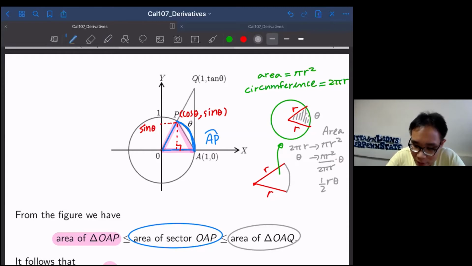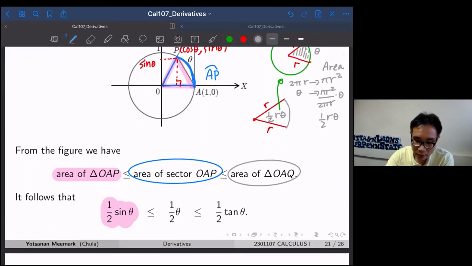So the area of this sector turned out to be 1/2 r square theta. And in this case you have the unit circle, so the radius is r equal to 1, so it's going to be 1/2 theta. So this one will be the blue area here.